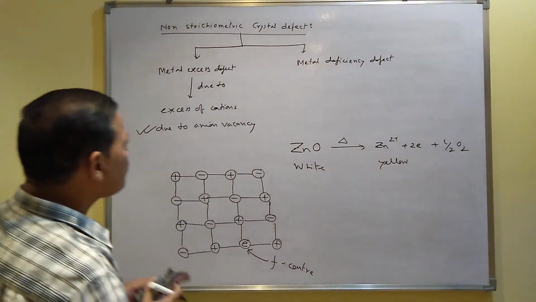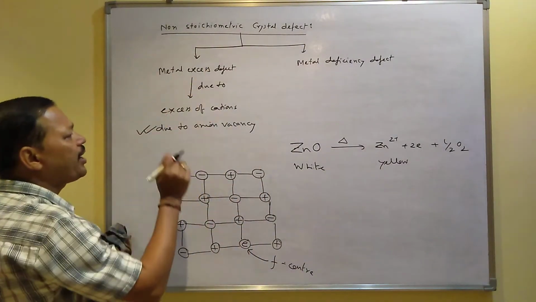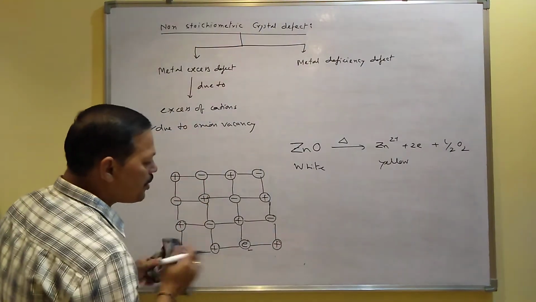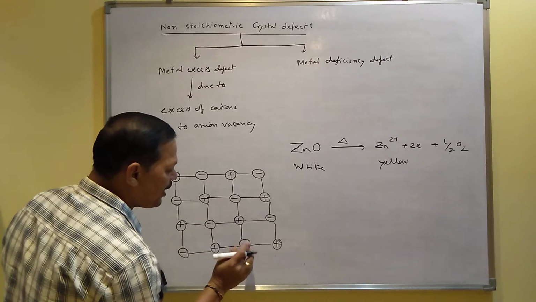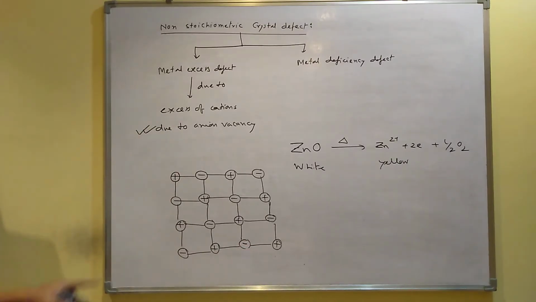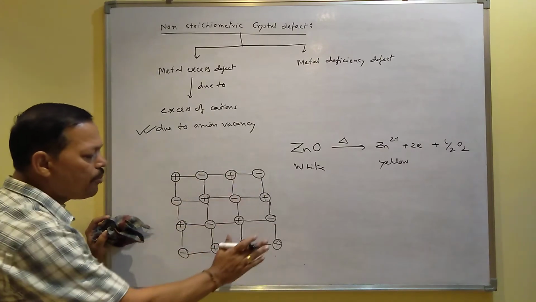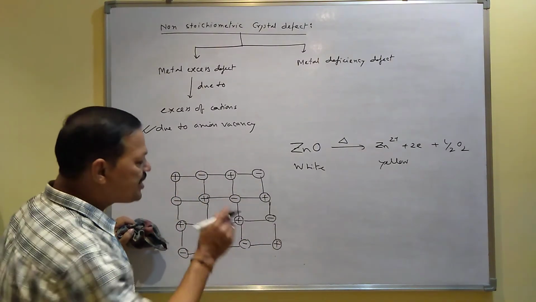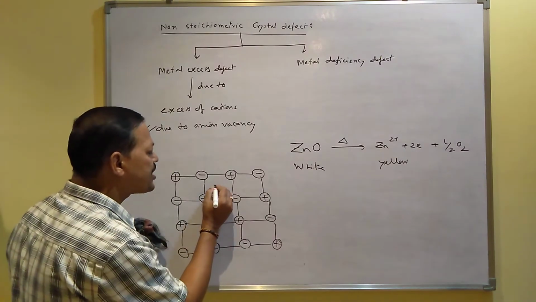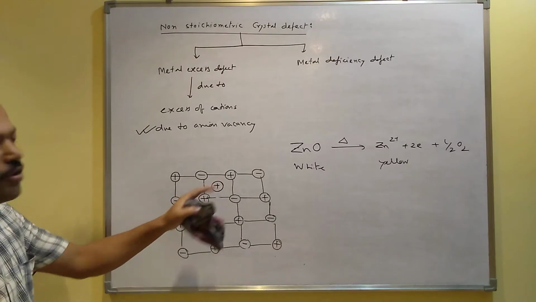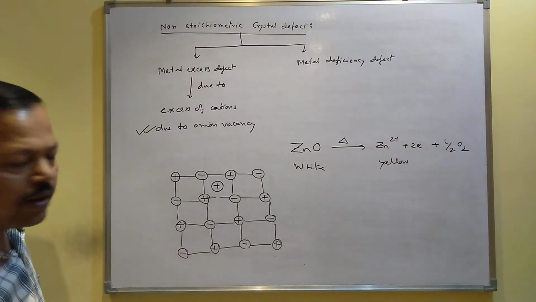Now metal excess defect arises due to excess of cation also. How? Suppose this is your anion. Here the number of cations and anions is the same, I mean it is an ideal crystal. Now inside the crystal, suppose some extra cation enters a void.